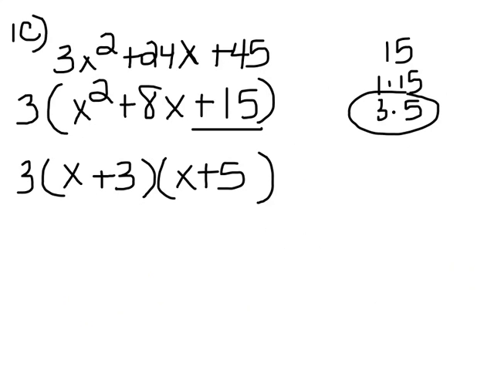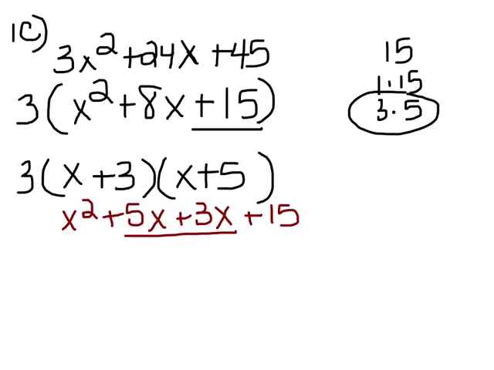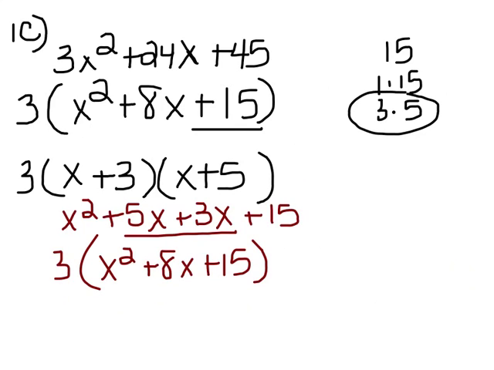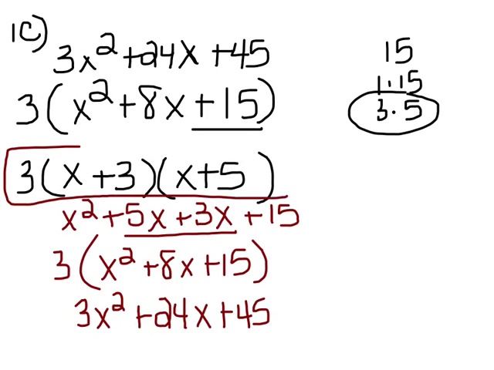So x times x gives us x squared, x times 5 gives us 5x, x times 3 gives us 3x, and 3 times 5 gives us 15. When we combine our middle terms, we would get 8x. And if we multiply our GCF of 3 to our trinomial, we would get 3x squared plus 24x plus 45. This tells us that we factored our original trinomial correctly, and this is our answer.